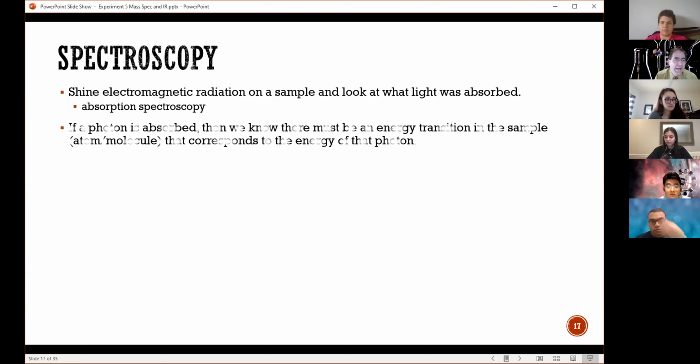This is the key to spectroscopy, and it will help this week and next: if a photon is absorbed, there has to have been an energy transition in the molecule that corresponds to the energy of that photon. We're trying to learn about things too small to see with the human eye.